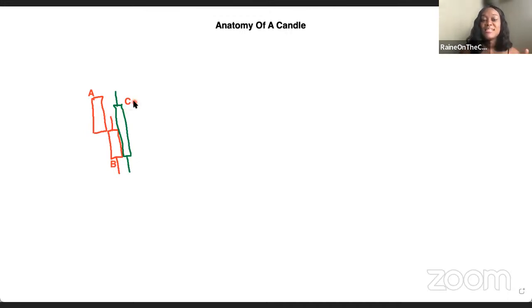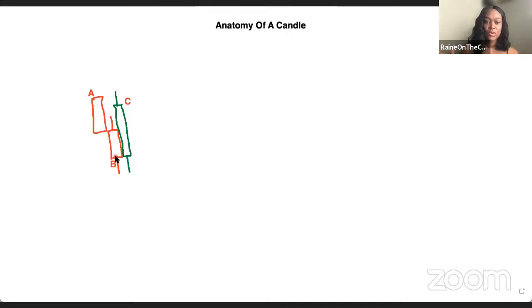So now the last candle, candle C. So we know that candle A opened here, it closed here. So right where the first candle closes, we see that's where the second candle opens, right? And then this closes here.